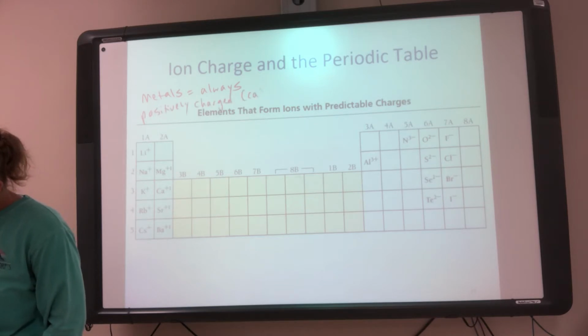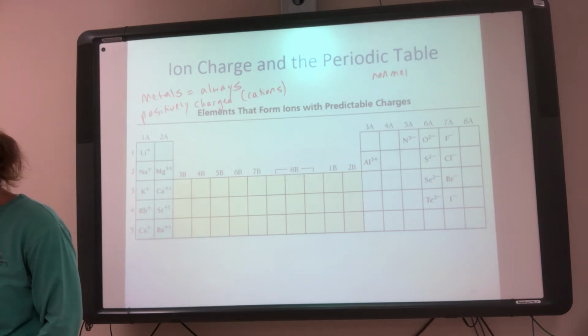So remember, that's cations. Nonmetals, they're on this side of the periodic table. They're always negatively charged. And that is anions.